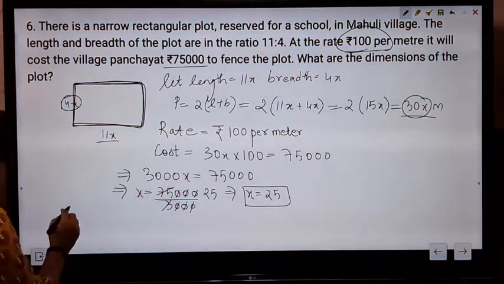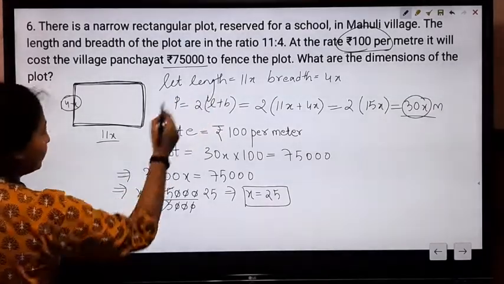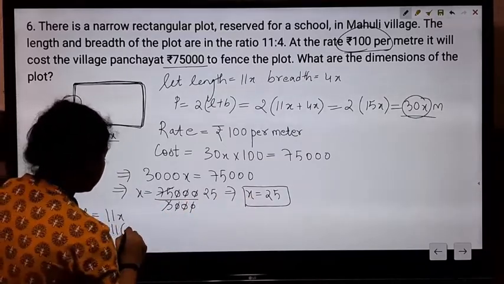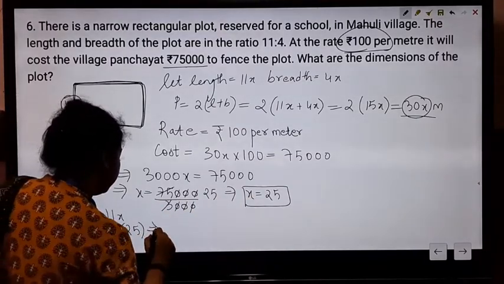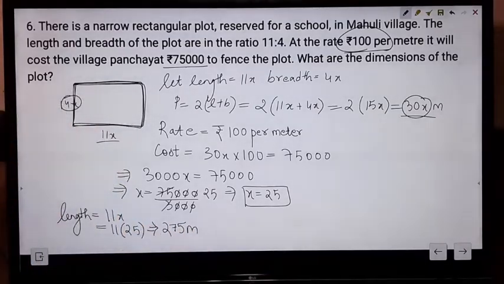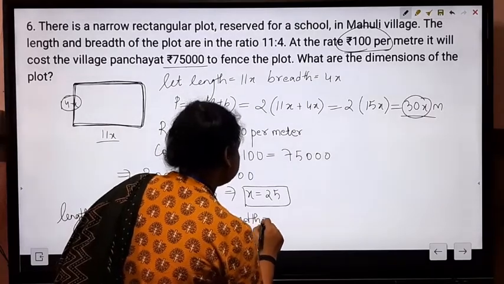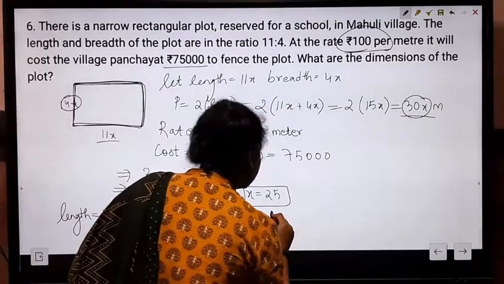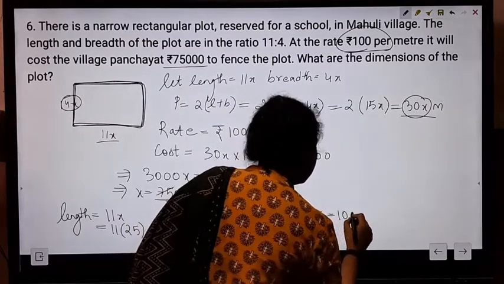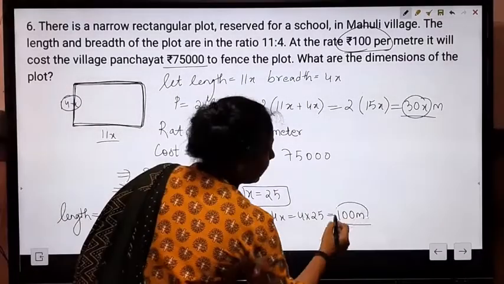So what is the length? We considered the length of the plot to be 11x, and we found the value of x as 25. So the length is 275 meters. The breadth we took as 4x meters, so 4 into 25, that is 100 meters. This is our answer.